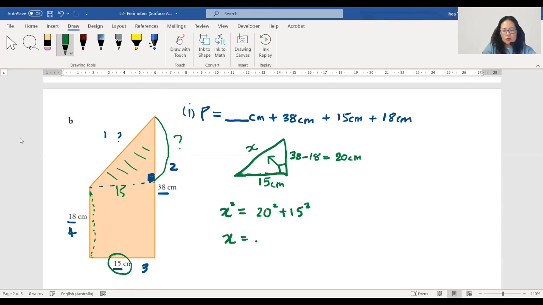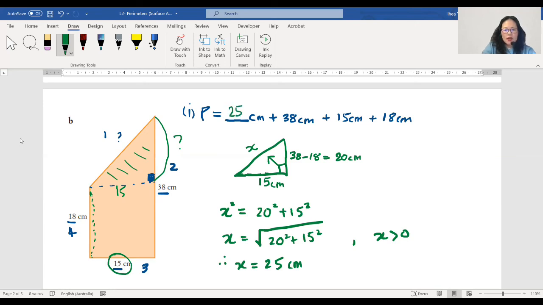So we do the square root of it, and x needs to be positive. When you put that in your calculator, you will get 25 centimeters. So that's the missing part, 25 centimeters.